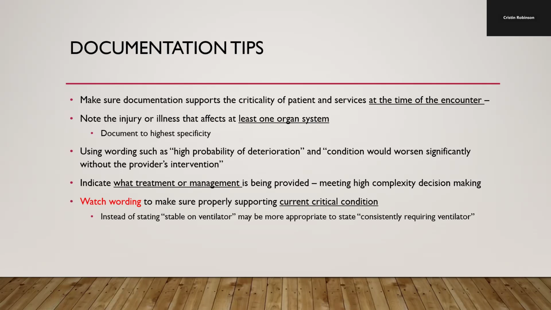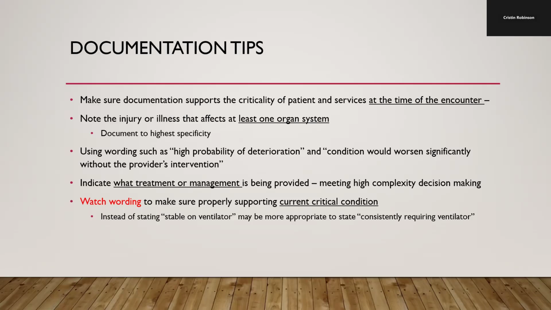So now let's look at some documentation tips. So we have make sure that the documentation supports how critical this patient is at that time of service. Okay. Make sure that your providers are documenting the fullest specificity of the injury or illness that affects at least one organ system. They need to be documenting the high specificity to paint a complete picture of the condition of the patient.